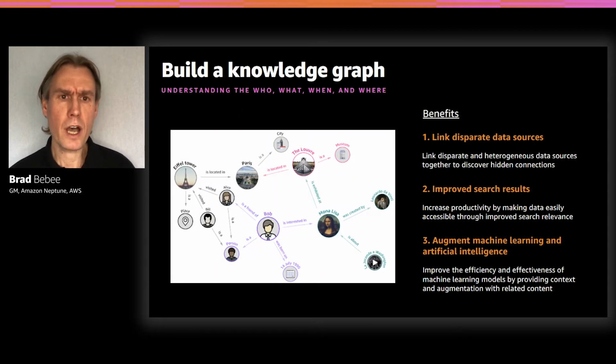Suppose that you have a couple of different data sets in your organization, or maybe many or hundreds or thousands, and you want to be able to bring them together to help your data science team to process them, or to drive better business outcomes, or to help people search better. A knowledge graph allows you to use a graph structure to link them together and make them easier to access and understand.